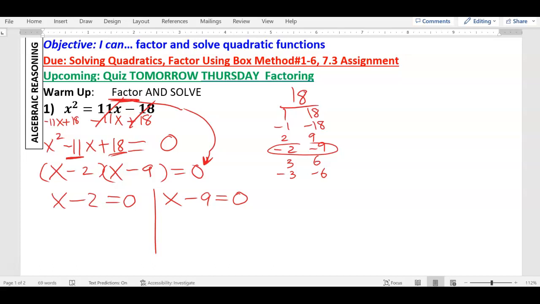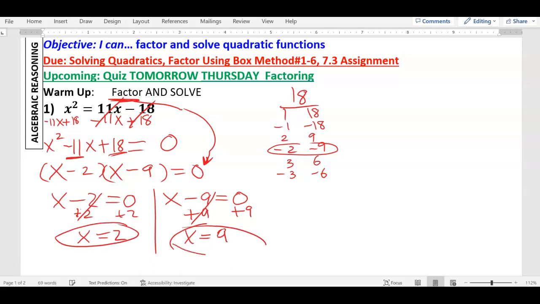I think so. So to get rid of the minus 2, the opposite is plus 2, plus 2. So x equals 2. And to get rid of the minus 9, plus 9, x equals 9. Okay? And those are your two answers.